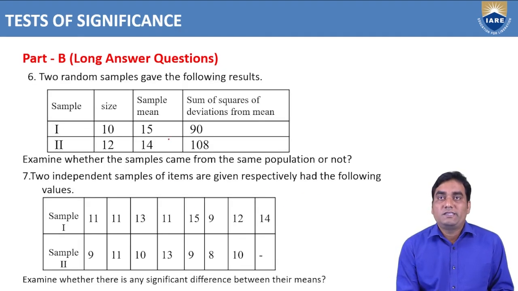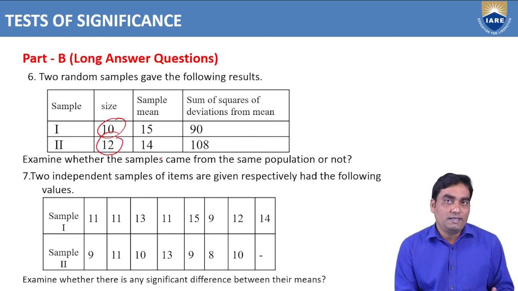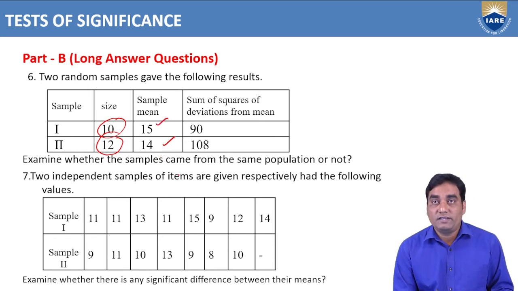See, in this problem, two different samples are given. Check the sizes: they are small, so the t-test. Two different samples are given, so either the t-test for difference of means or the f-test. What is mentioned is to find whether the samples came from the same population or not.